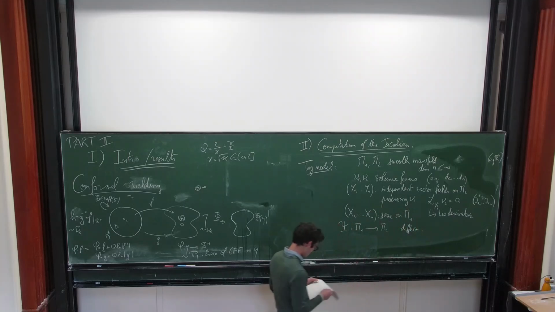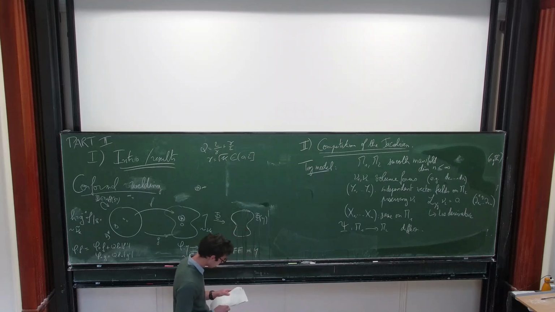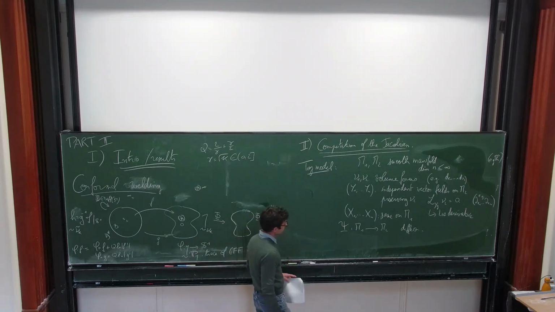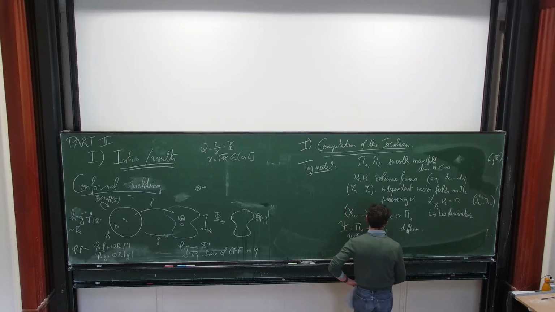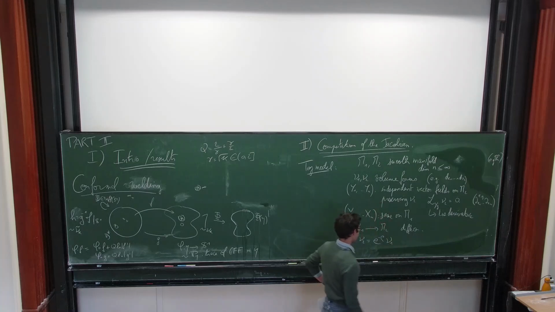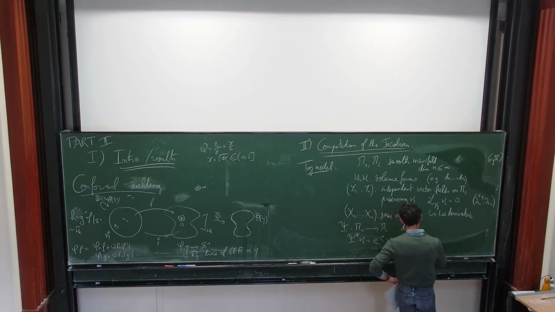Okay. Well, I can always pull back mu2 to M1 and I get a measure. And I can always write that this has a density with respect to mu1 that I want to call exponential minus rho, for some rho.